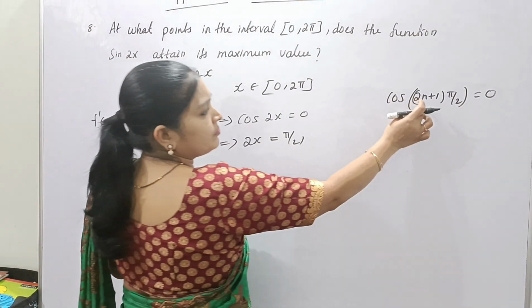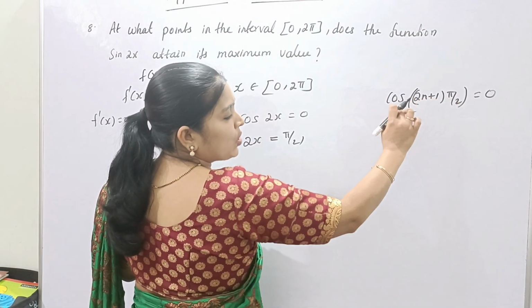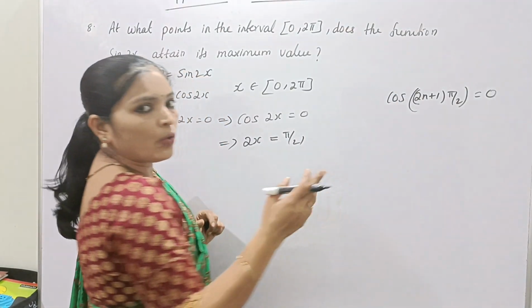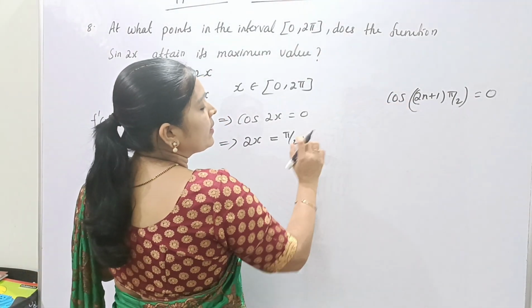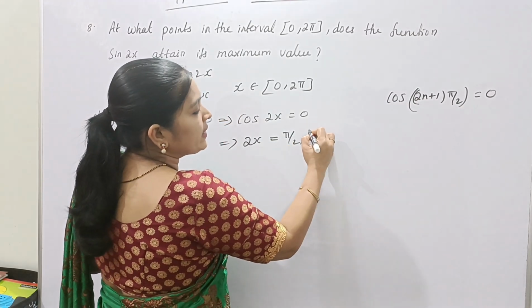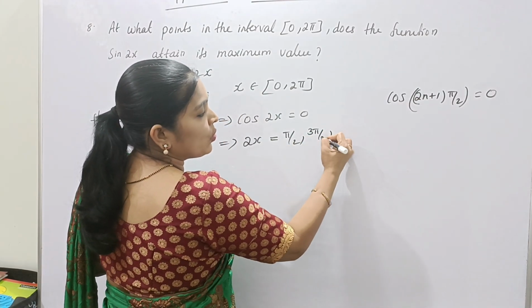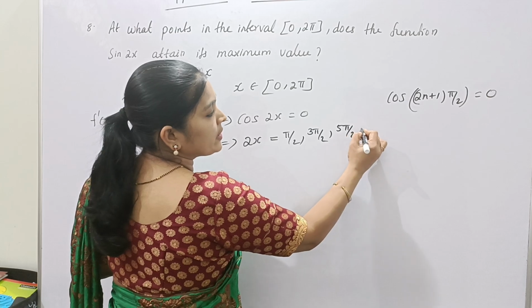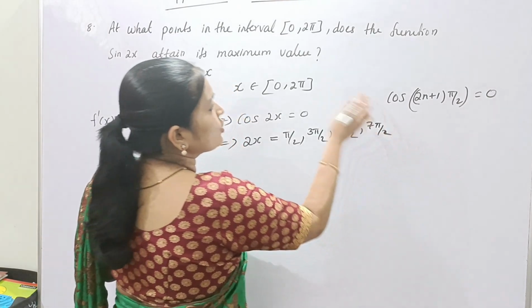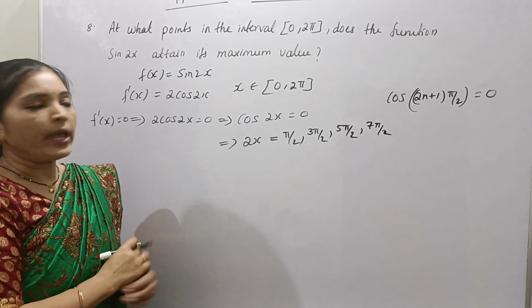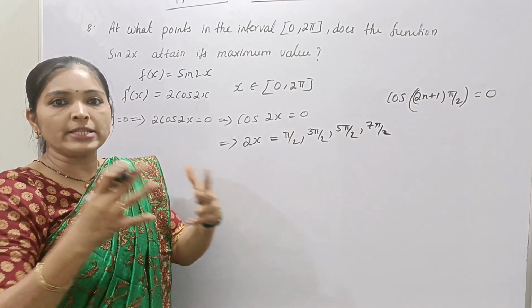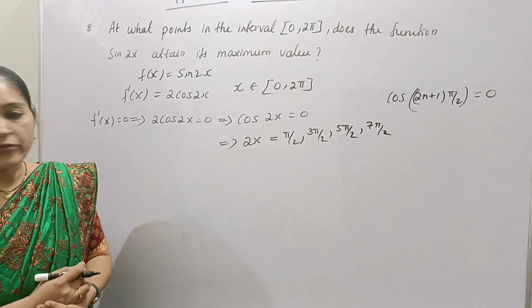That is (2n plus 1) pi by 2, where n is equal to 0, 1, 2, 3, etc. So first, when n is equal to 0, cos pi by 2 is 0, then cos 3 pi by 2, cos 5 pi by 2, 7 pi by 2, then 9 pi by 2, but 9 pi by 2 does not belong to this interval. Here it goes till 8 pi by 2. We know that 2 pi is nothing but 8 pi by 4.